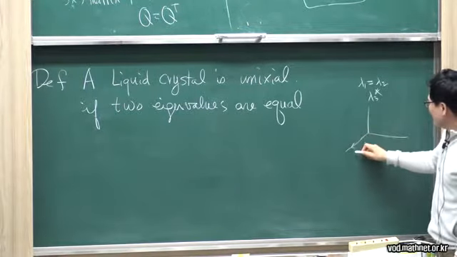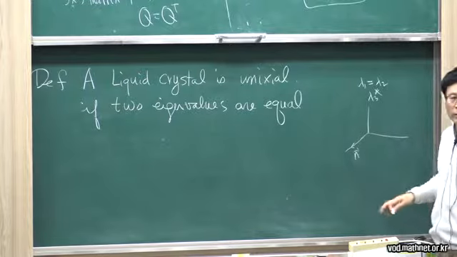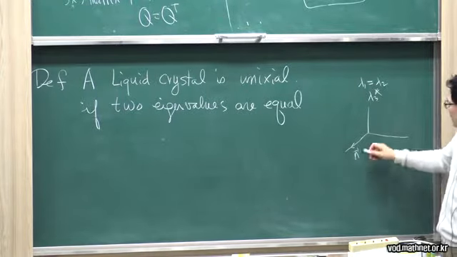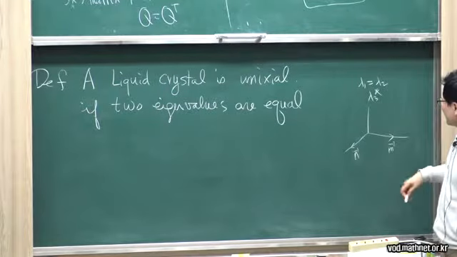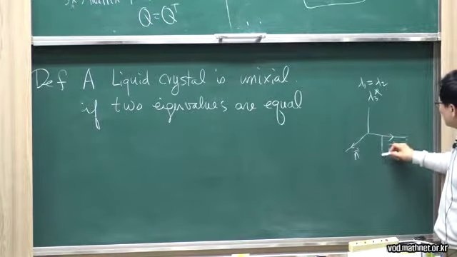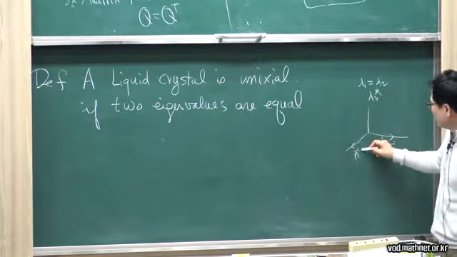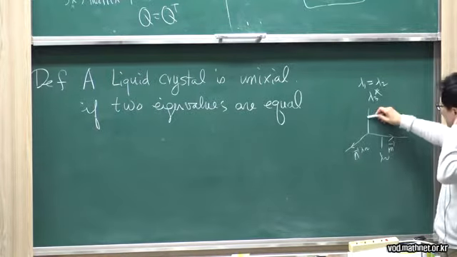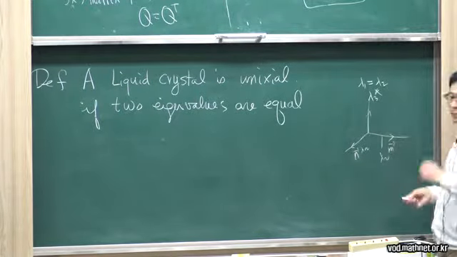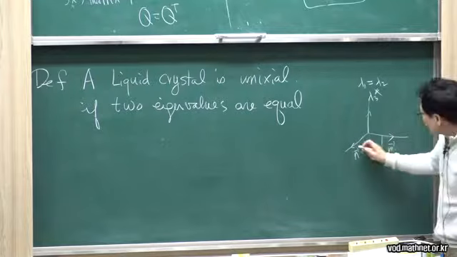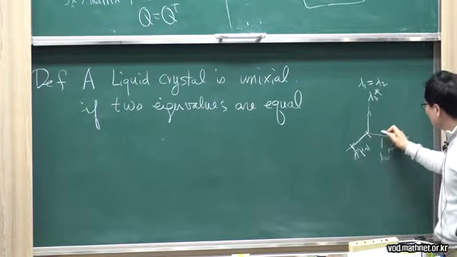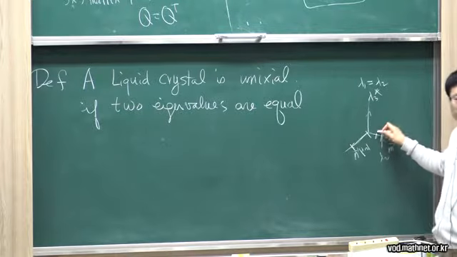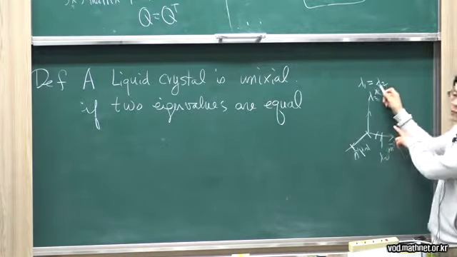This is the eigenvector n1, and this is another eigenvector m, with corresponding eigenvalue lambda 2. Lambda 3 is different, so we have another eigenvector. The lengths of these two are the same because lambda 1 and lambda 2 are the same.